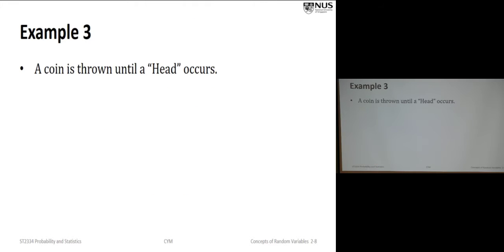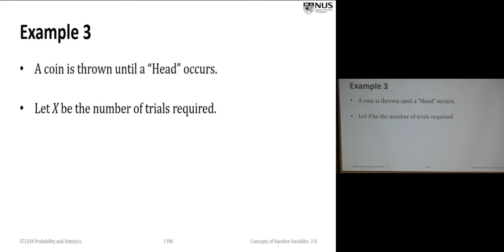All right? Here's another example. We toss a coin until a head occurs. X is the number of trials required. So I toss it one time. I got a head. Okay, these are the possible outcomes.